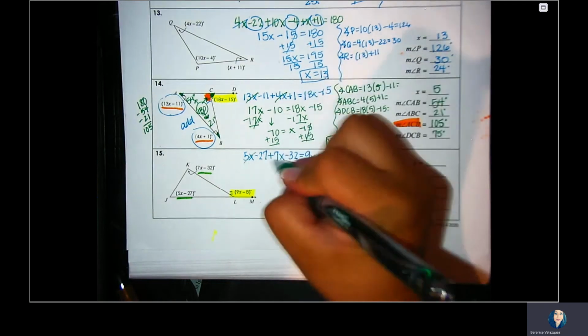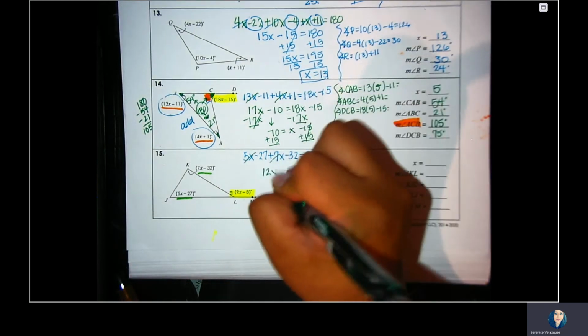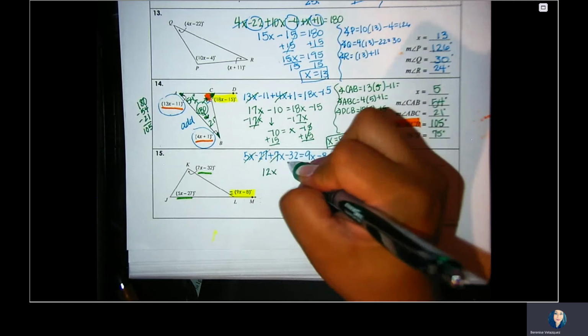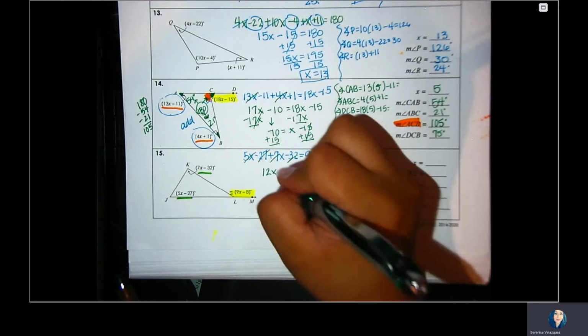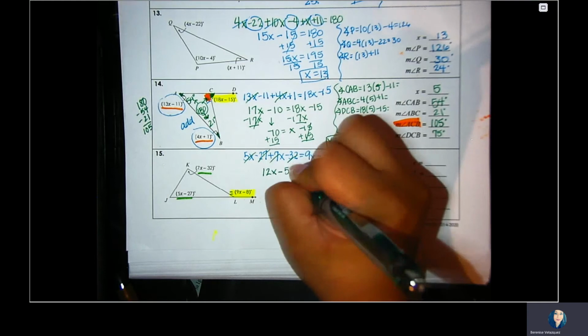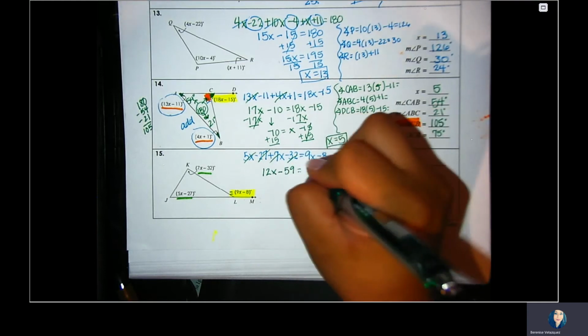I combine 5 and 7 first. That's going to be 12x. Then I do negative 27 and negative 32, minus 59. You add them together and keep a negative. Equals the other side.